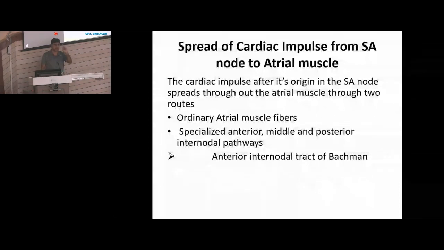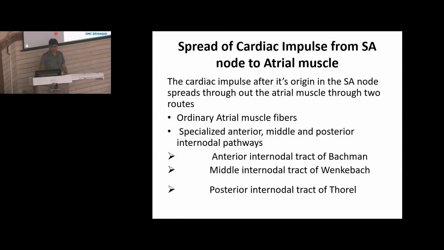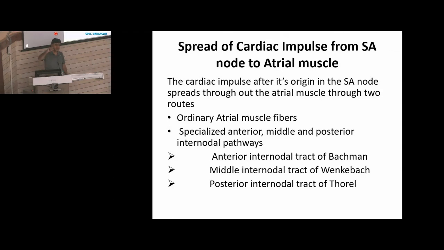The internodal tract which runs anteriorly from the SA node to the AV node is the tract of Bachmann. The middle one is called Wenckebach, and the one which runs through the posterior atrial wall from the SA node to the AV node is the tract of Thorel. So: tract of Bachmann, Wenckebach and Thorel.